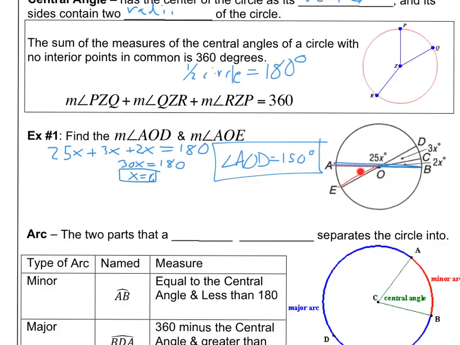If we notice though, it has to be vertical to this whole angle here, which is 3x plus 2x, or 5x. Well, that's pretty easy then, because I know what x is. 5 times 6 is 30, so AOE has to be 30 degrees. Sweet. Alright, let's move on.